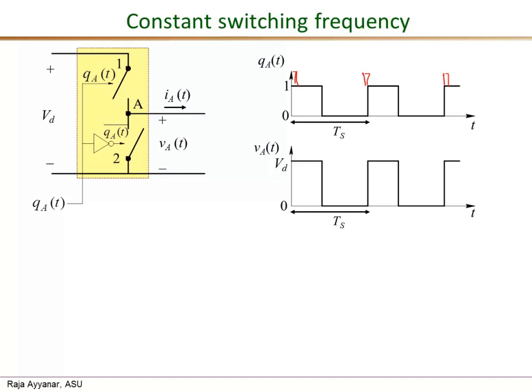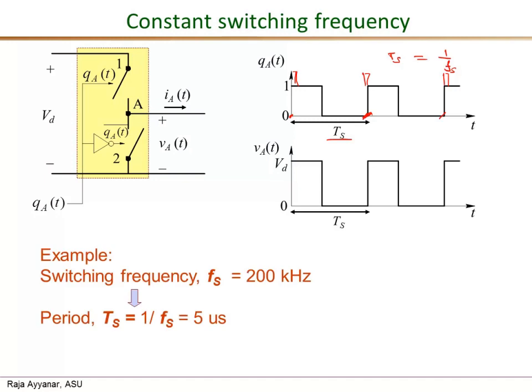The inverse of the switching frequency is the switching period, or simply the period Ts. So Ts is 1 over the switching frequency Fs. In this set of waveforms, from here till here is one switching period Ts. Similarly, from this point to this point is the second switching period, and so on.